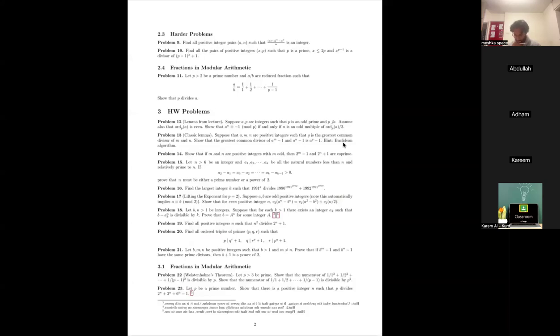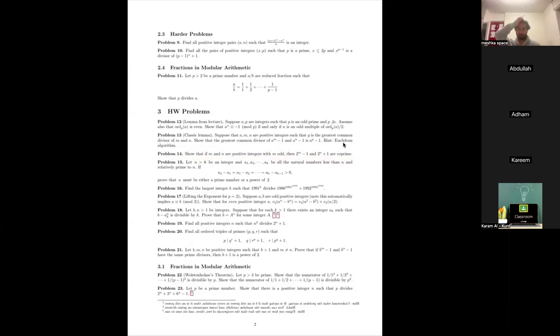Let's do something similar. So problem 14. It's a similar situation, but now you want to show that if m and n are, the same setup as before, but we now assume m is odd, you want to show that the two numbers are co-prime.